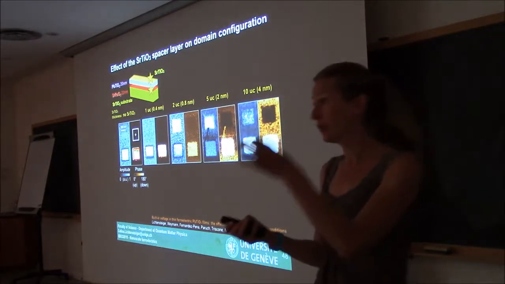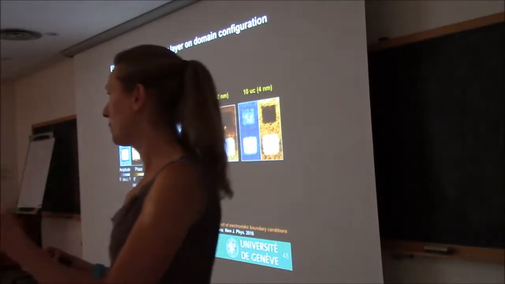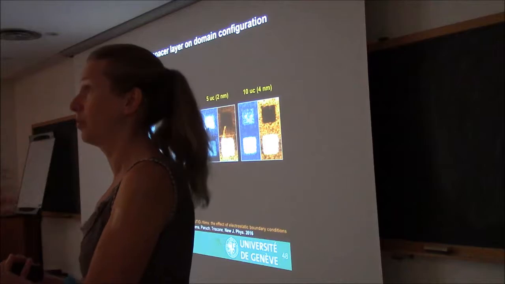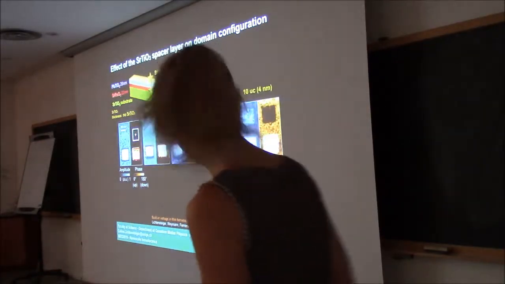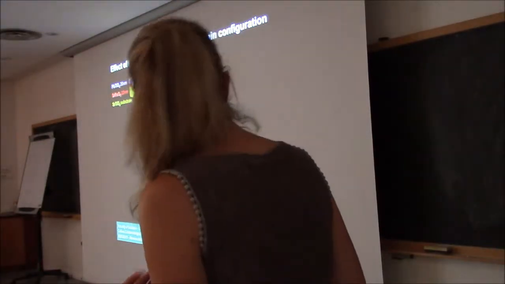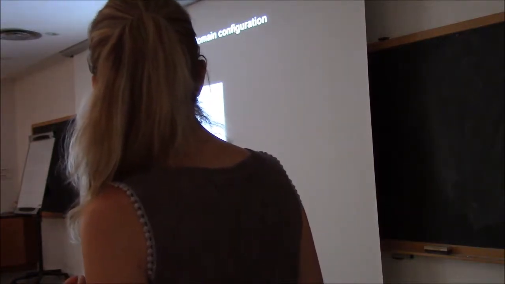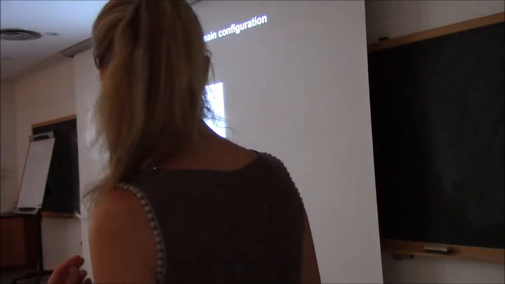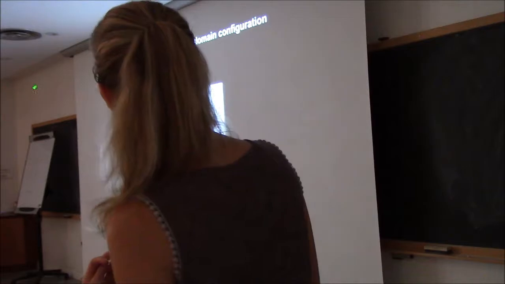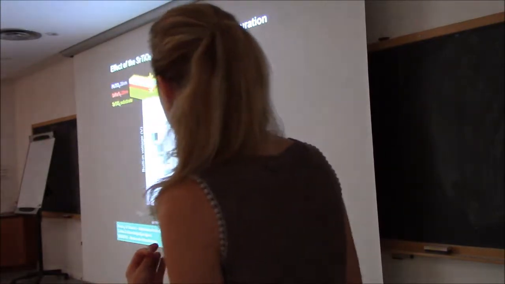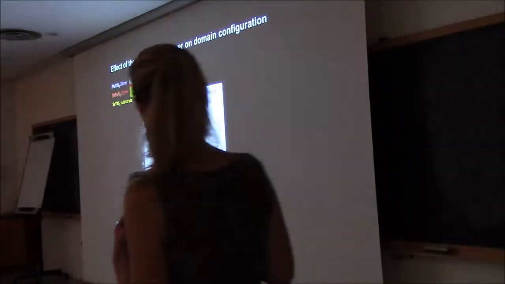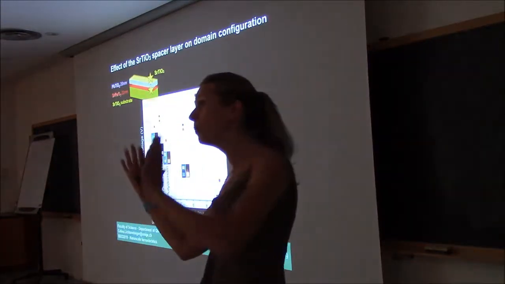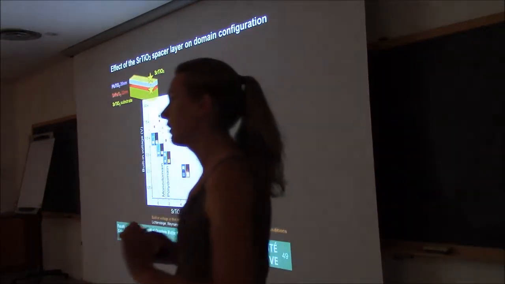So it's not just the presence of the STO spacer layer that has an effect, it's really related to its thickness. And so what we did also is that we did some SSPFM to measure this built-in voltage, so how much the loop is shifted in one direction or the other.